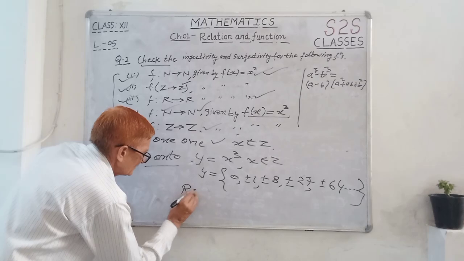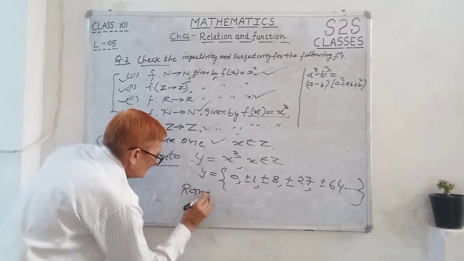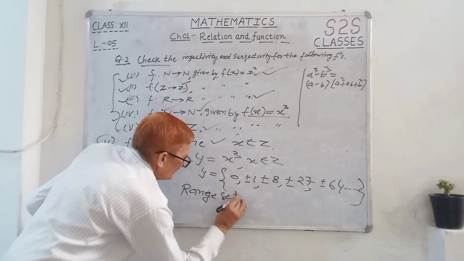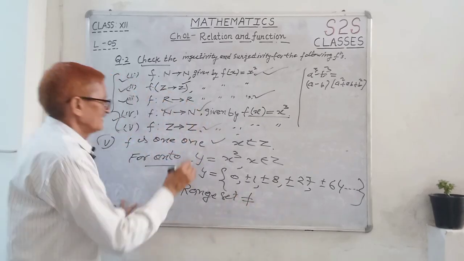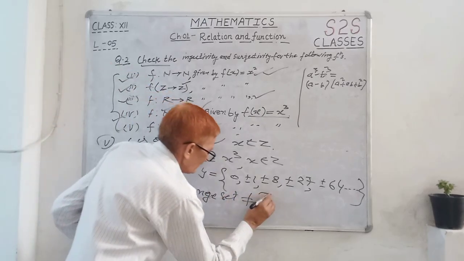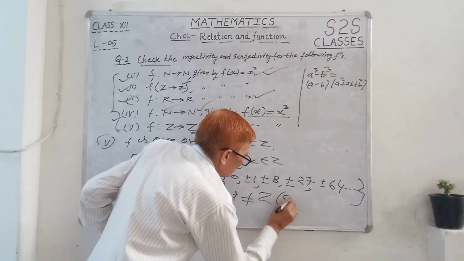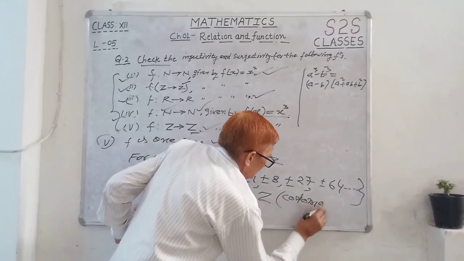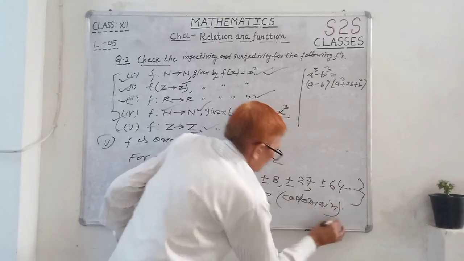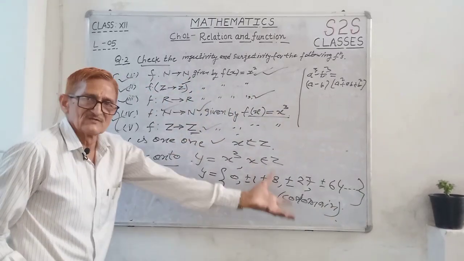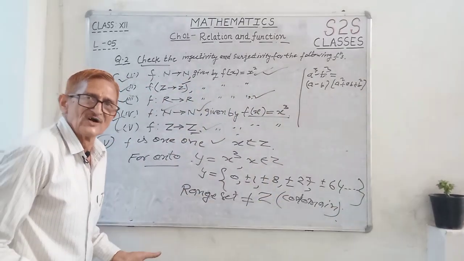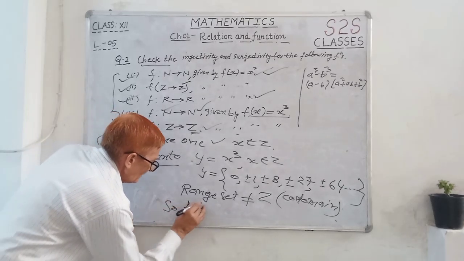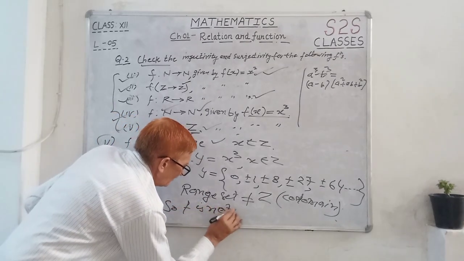So the range set is not equal to all integers, not all integers, which is the codomain. If the range is not equal to the codomain, it is not onto, so f is not onto.